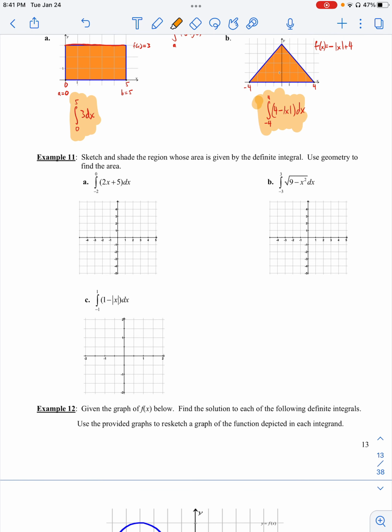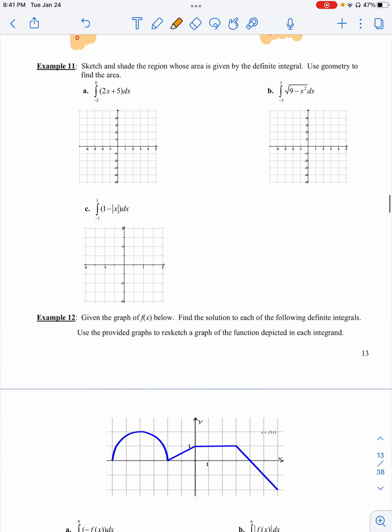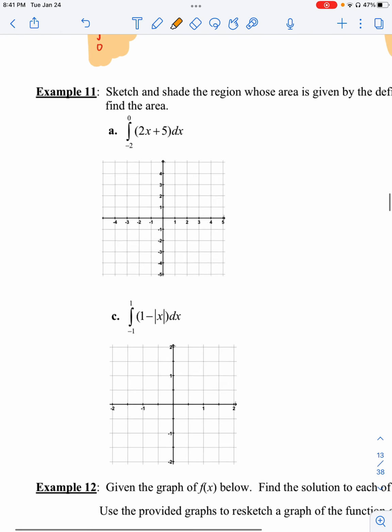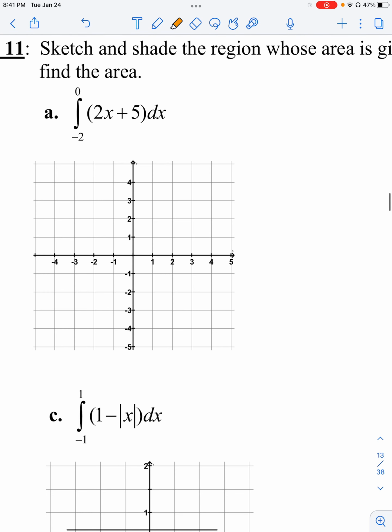Sketch and shade the region whose area is given by this definite integral. Use geometry to find the area. For these, graph this function. We should have learned how to do this in Algebra 1, so I'm going to whip through that.